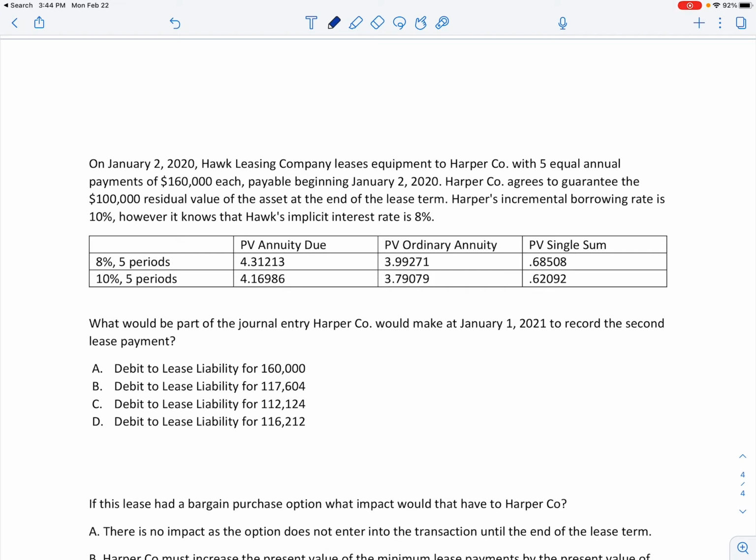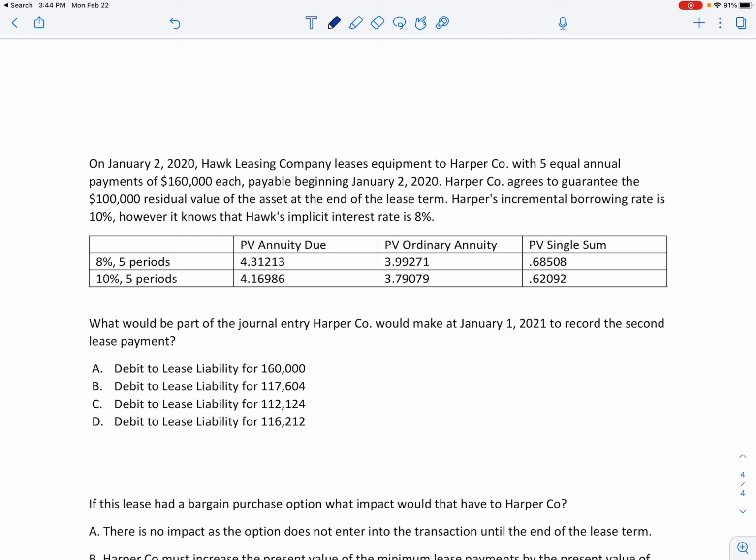So let's walk through this problem. It's looking just like the one we just did, except it's only asking for pieces of that journal entry. And it's kind of taking it one step further than that initial homework problem did. But we're still going to have to do some of the same things.